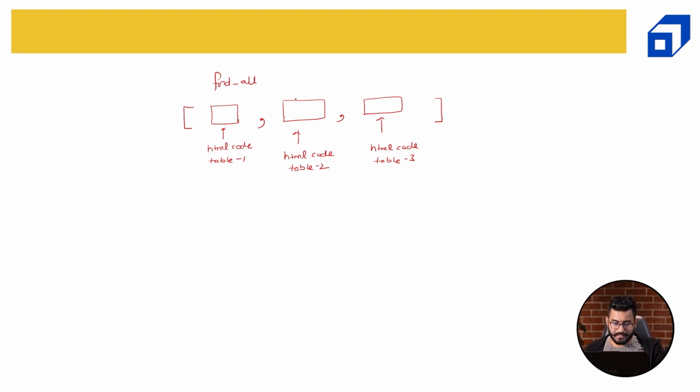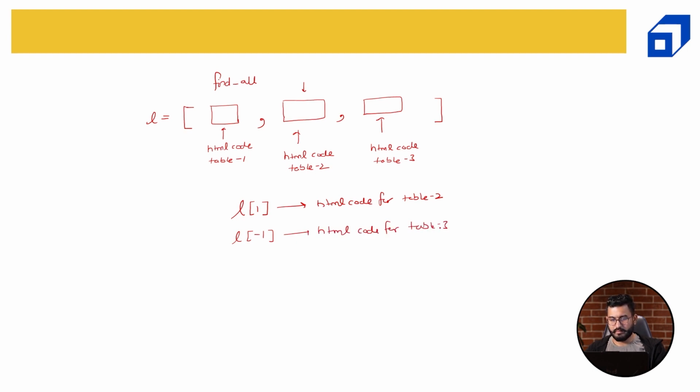Now let's say this list is L. If I'm interested in this table, all I have to do is L of 1, and this will return me the HTML code for table number 2. If I say L of -1, this will return me the HTML code for table number 3, right?